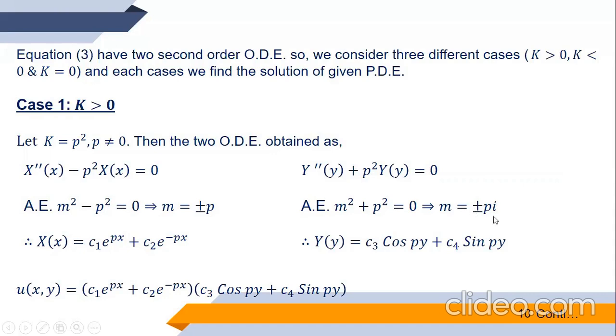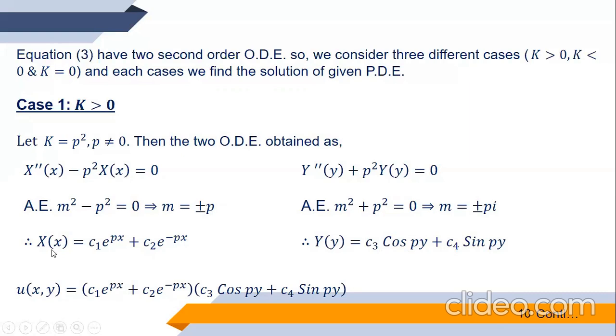Now this is a complex root, and we know the solution form is Y(y) = c3 cos py + c4 sin py, because here the real part is 0 and the imaginary part is p. So directly we write c3 cos py + c4 sin py.